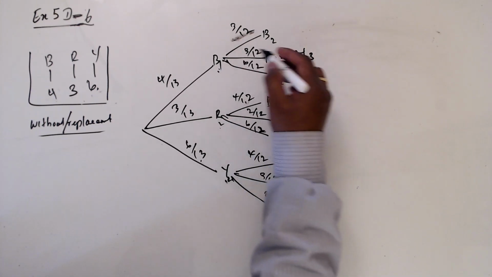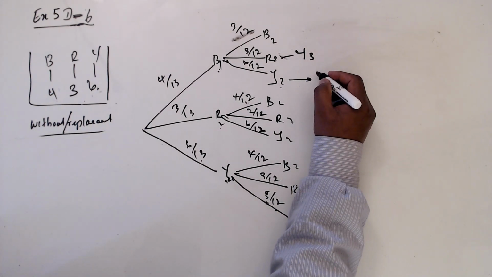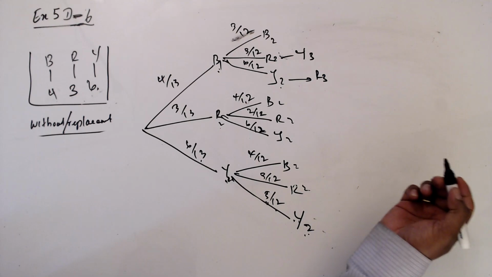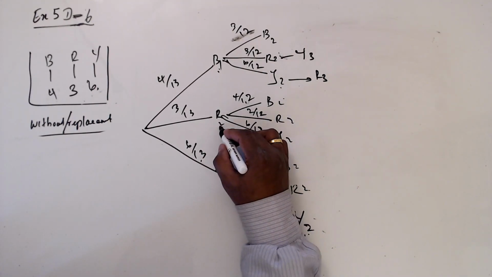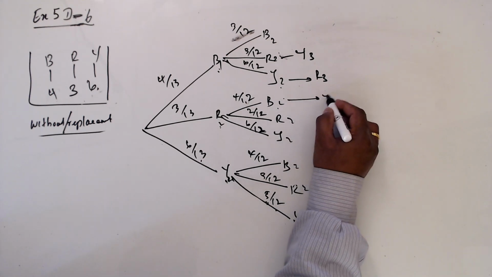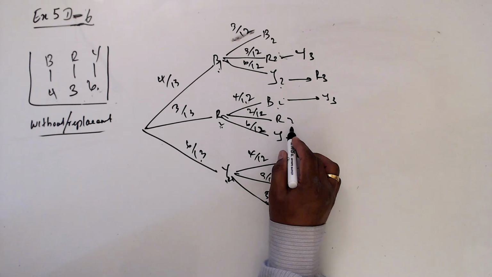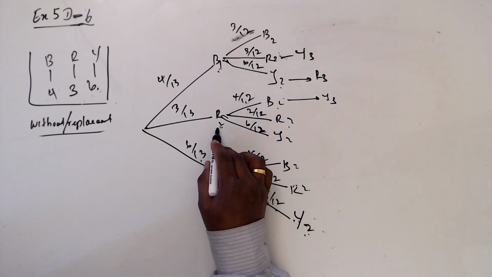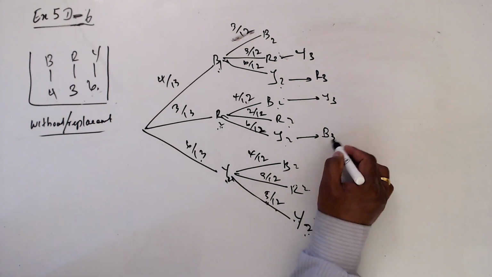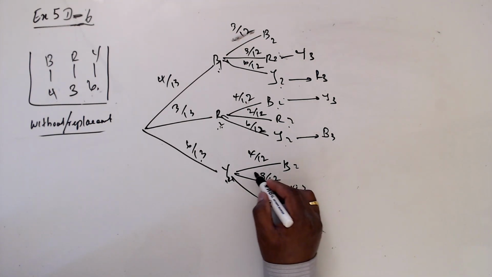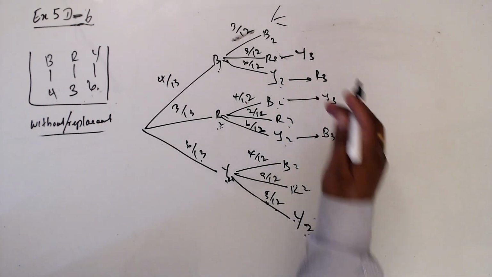Other one is B1, Y2, and R3. This one R2, B2, then Y3 is missing. R2, R2 same color. R2, Y2, then what is the missing one? B3.